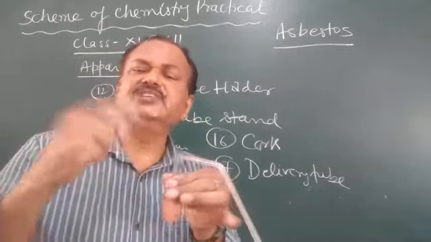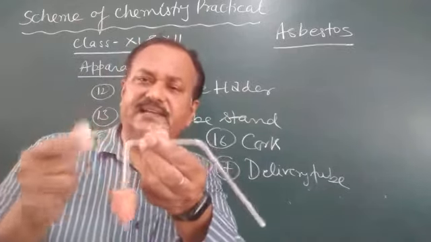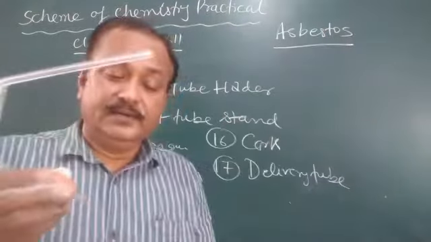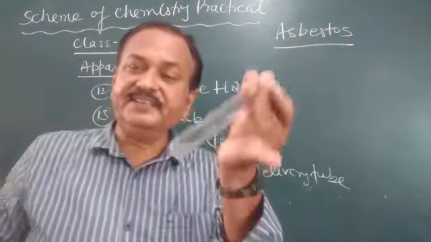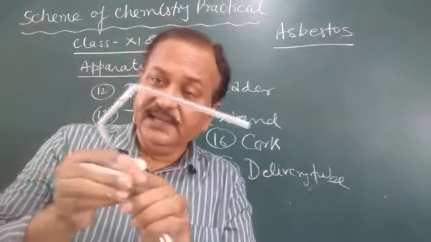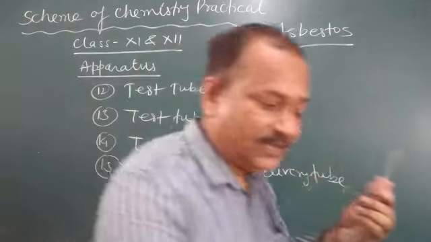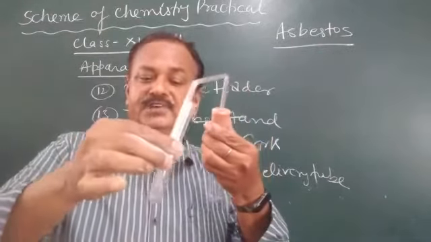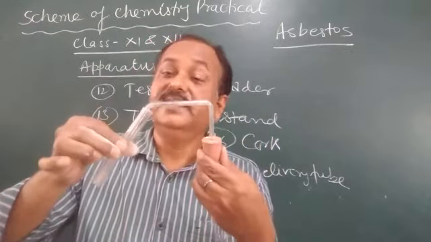We can bend it as per our convenience, twice at right angles, and the purpose of this delivery tube is, if a reaction is taking place inside, we keep it here, and the testing reagent has to be taken and put here. So this is the purpose of the delivery tube.